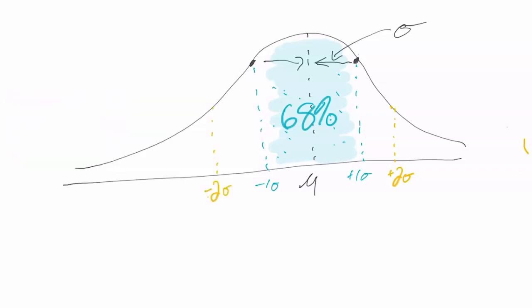What the empirical rule tells us when we go out 2 standard deviations for any bell-shaped curve data, which is what most business data, most process performance data is going to look like when plotted out, is that the number of data points is always the same. Whether you've got a fat bell-shaped curve or a skinny bell-shaped curve, the number of data points plus or minus 2 standard deviations is 95%.